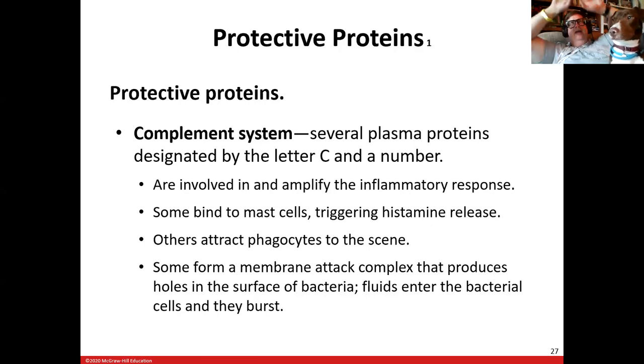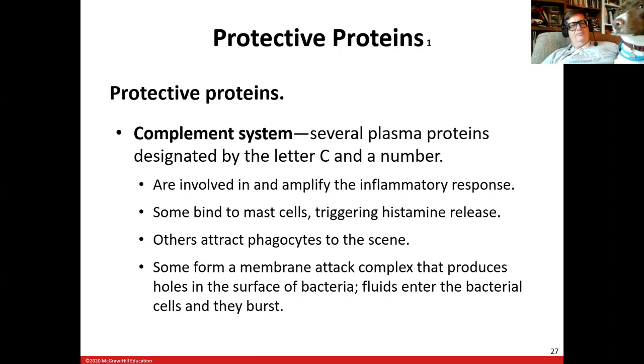You put one here and here and here and here, so they face like that. What that leaves is a little channel, a little tube, a hole in the middle, and water rushes through that hole into the bacteria. The bacteria swells, boom, pops. Sorry, didn't mean to scare you. It pops and spills the bacteria guts out, and the bacteria dies.